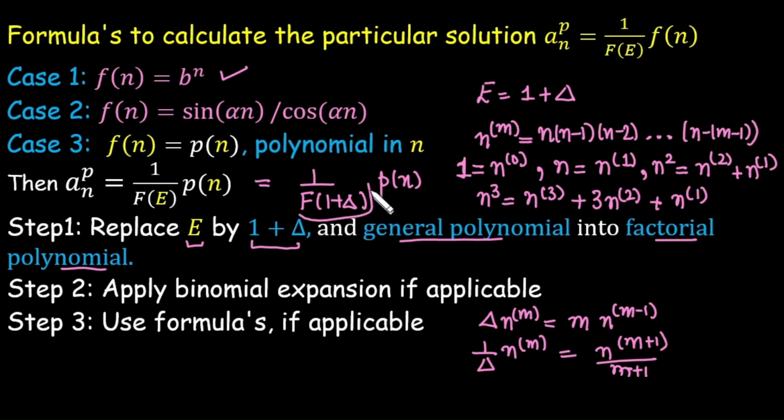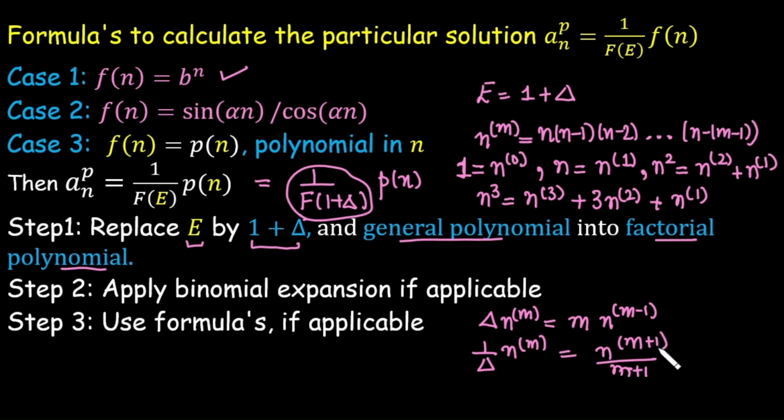Basically, when you expand this with the help of binomial expansion, you will get terms of this form, because it is a series in terms of delta, and here we are getting a polynomial in factorial form. Then we can operate delta over each factorial term, and accordingly we can write the answer. If we apply delta over the factorial polynomial, it acts like differentiation, whereas 1 by delta over the factorial polynomial acts like integration.